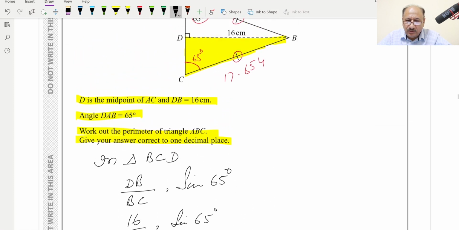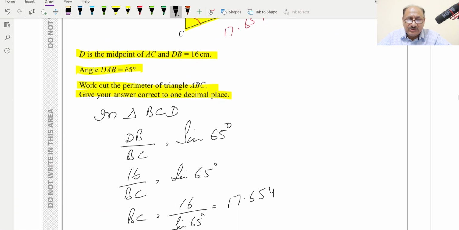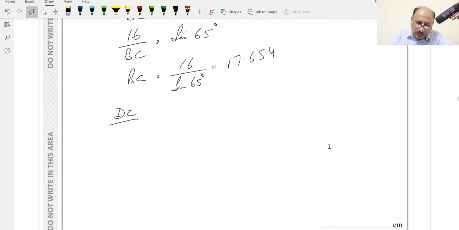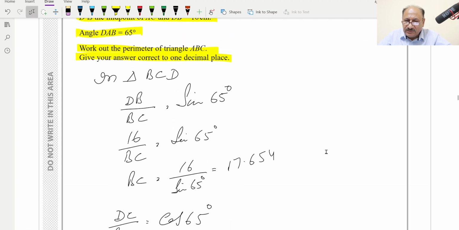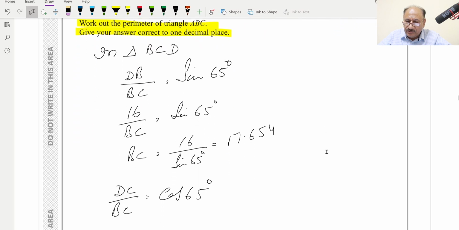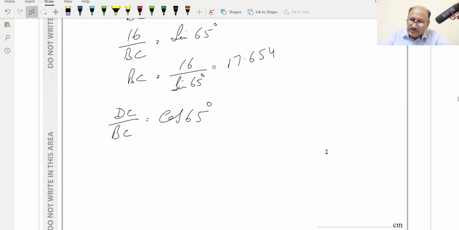DC over BC will be equal to cos of 65 degrees, and BC we have just calculated as 17.654 centimeters. This value we will be using over here.